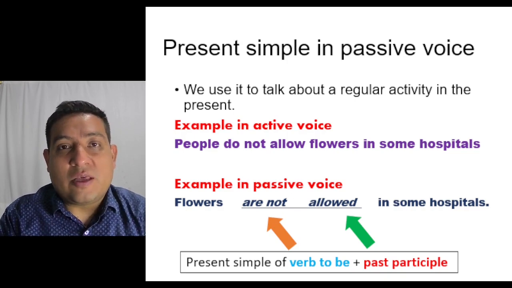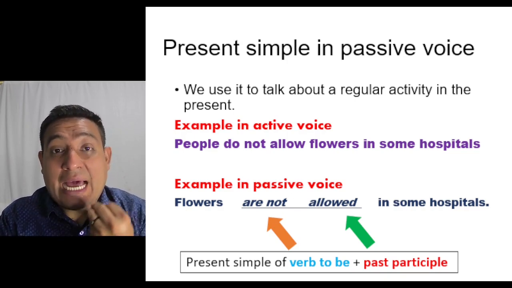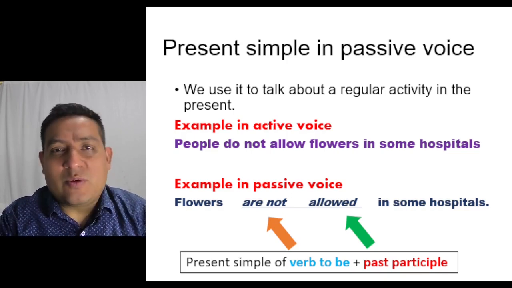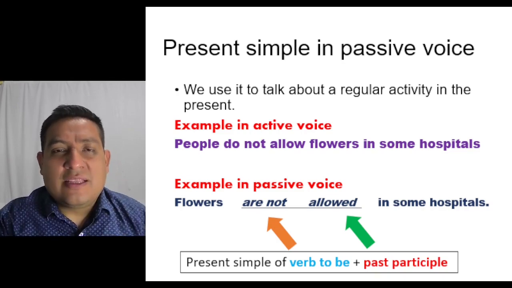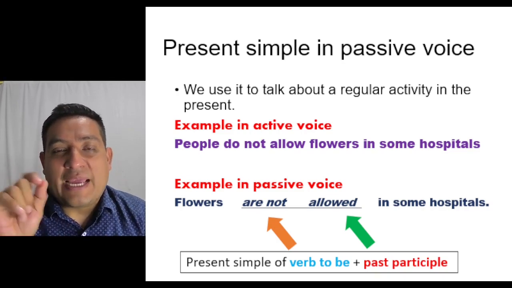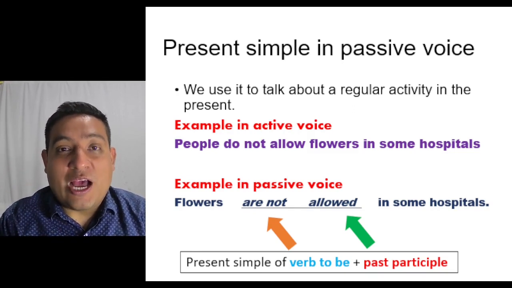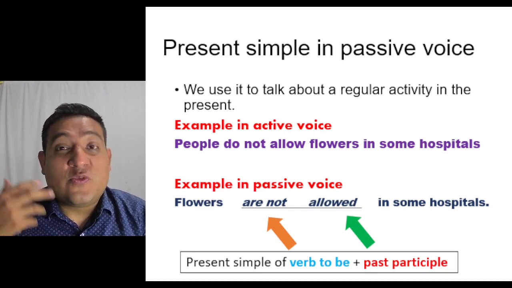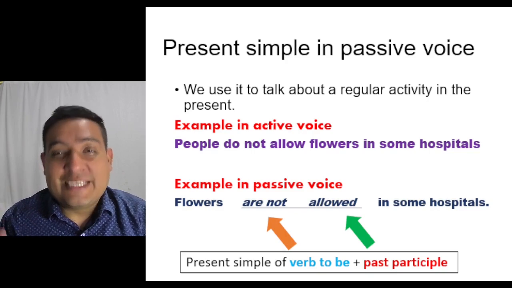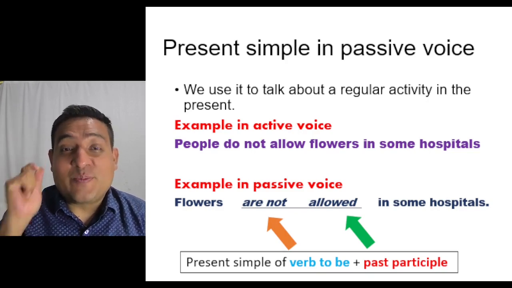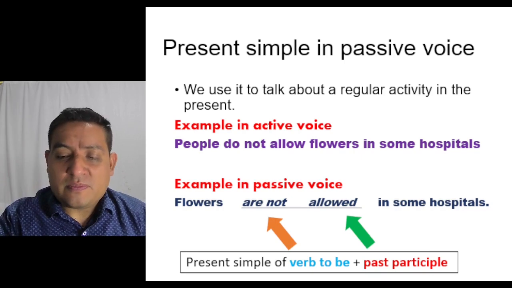So the past participle of allow now becomes allowed. Remember, allow is a regular verb, so the change is only by adding ed. You have to be careful because we also have irregular verbs. So for the irregular verbs, you will need to use the corresponding past participle of the verbs.